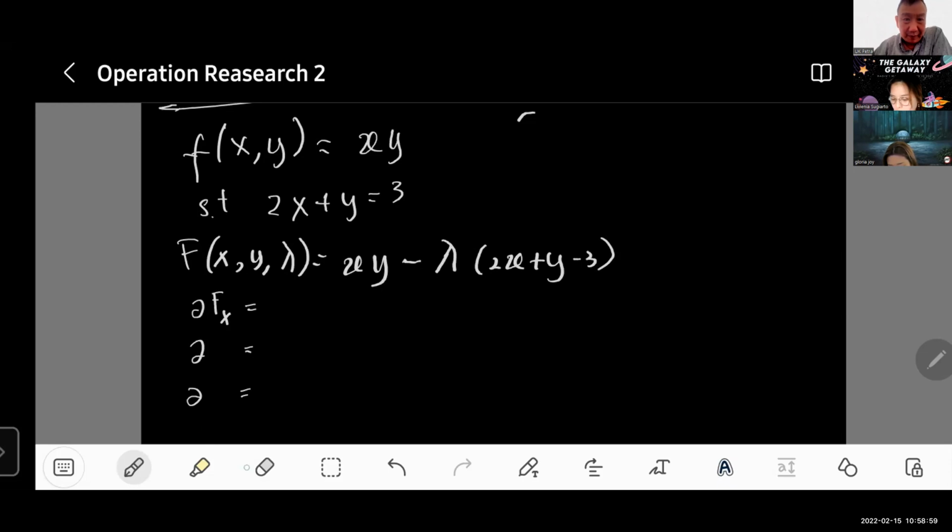That is the same. Just put Fx, Fy, F lambda. That is fine already. So here the x is 1.